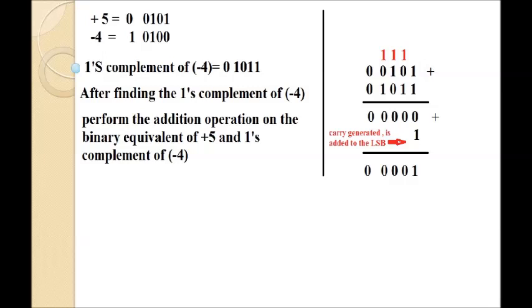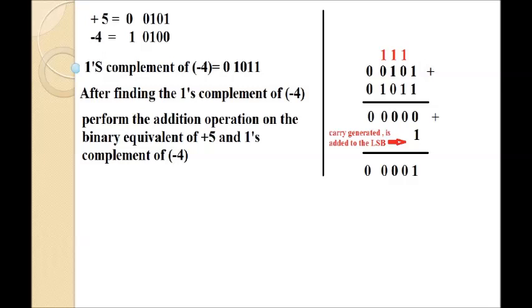The binary equivalent of 5 is 0, where that 0 stands for the sign, then 0 1 0 1. The ones complement of -4 is 0, then 1 0 1 1. Now we can start the calculation. When you perform 1 plus 1, it is 0, and we have a carry there. Again 1 plus 1 is 0, again we have a carry.